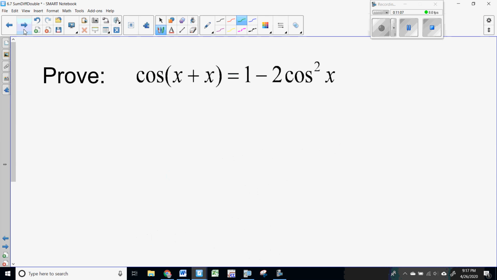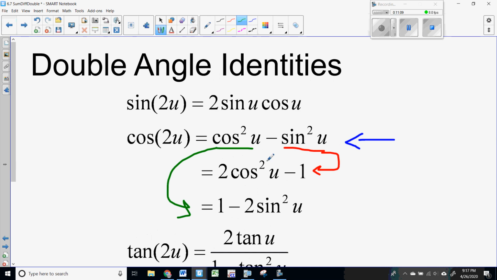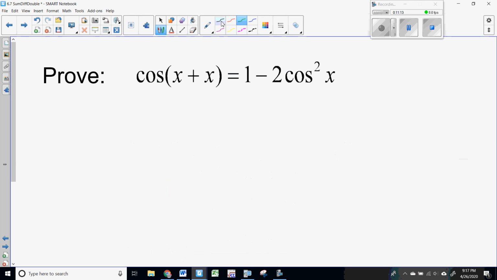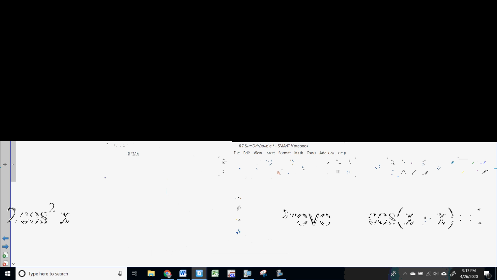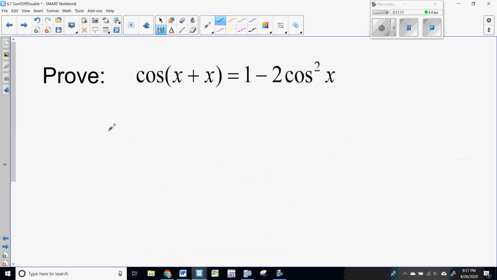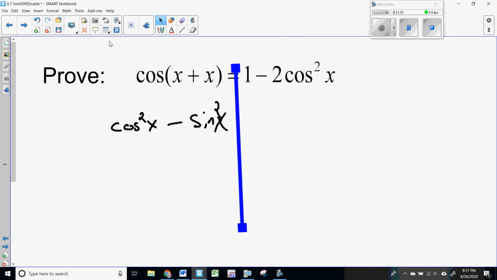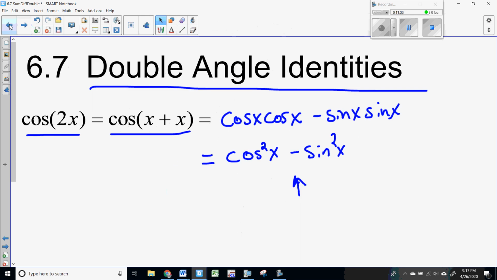Now, I'm going to skip that one. I think we could understand the proof. Let's go through it here. We have our cosine, and from our previous example we get cosine squared minus sine squared. That is what we did on the first example, right there.